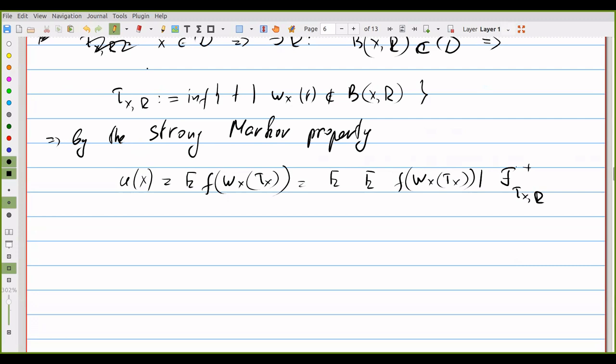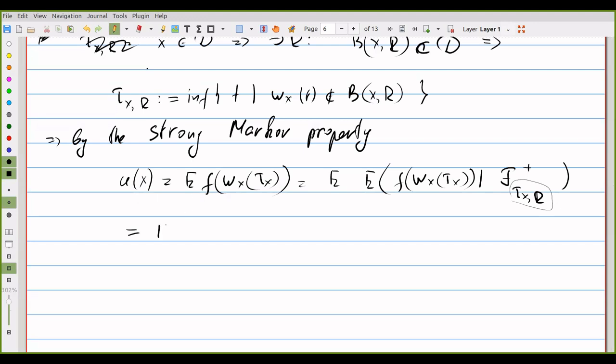This is the sigma algebra generated by a stopping moment. We defined it in the very beginning of our course. And now the strong Markov property applies. It says that the Wiener process started anew at this stopping time is again a Wiener process that is independent of the past.